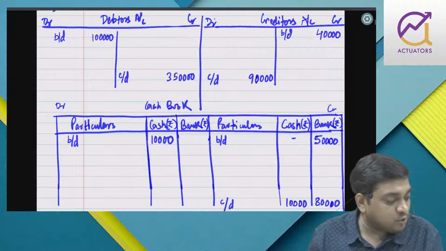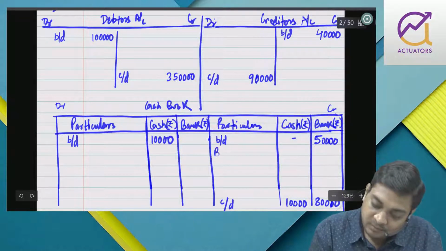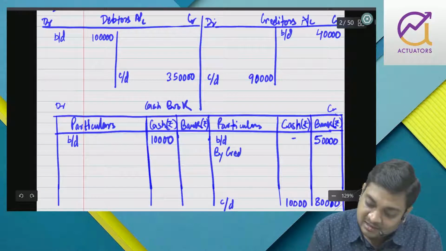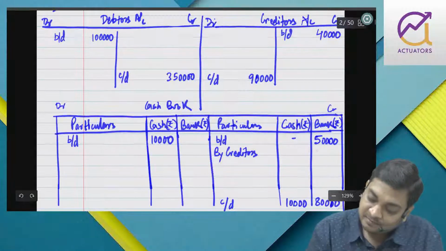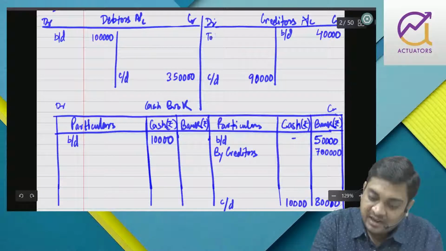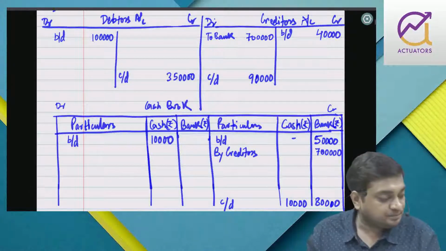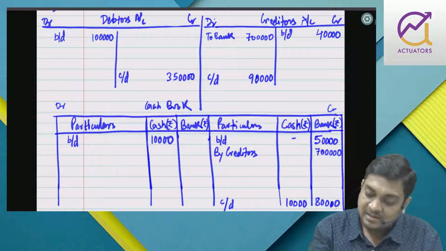Payment to creditor, analysis of his passbook. So all these payments are done through bank. So payment to creditor 7 lakh. So by creditors, 7 lakh has been paid through bank, and in creditors I have to show to bank payment 7 lakh. Done. Then payment for business expenses.